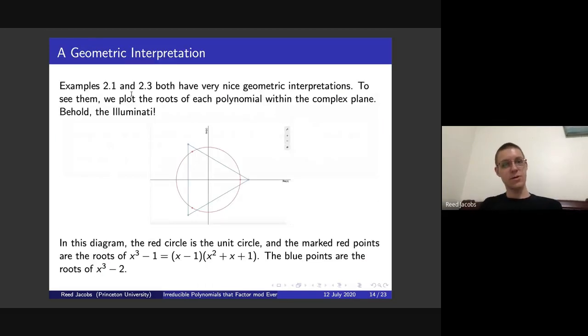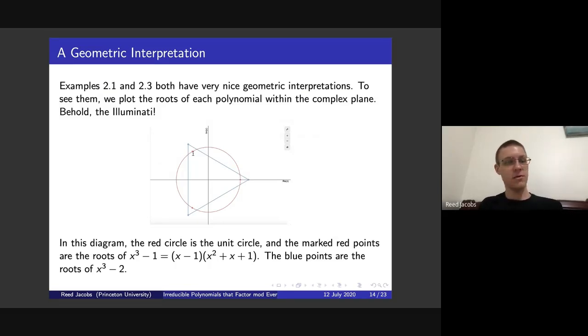Now, examples 2.1 and 2.3 both have extremely pretty geometric interpretations. To see them, I'm going to plot the roots of each polynomial in the complex plane, and behold, it is the Illuminati, as you can see here. The red circle is the unit circle. The red dot marked here is just 0, 1, or 1.